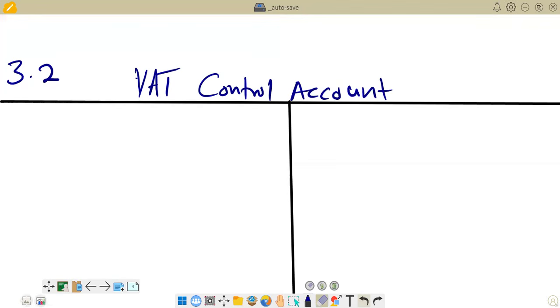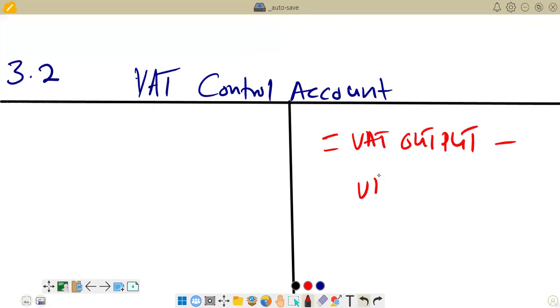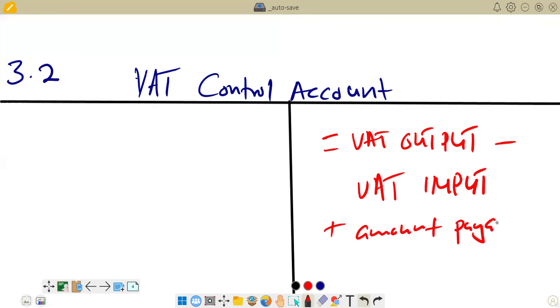So the formula is: amount payable equals VAT output minus VAT input. In this sense, when we get a positive figure, it means it's an amount payable to SARS.